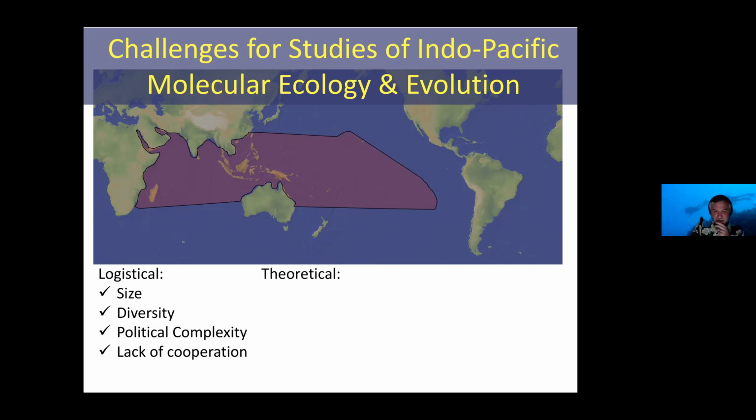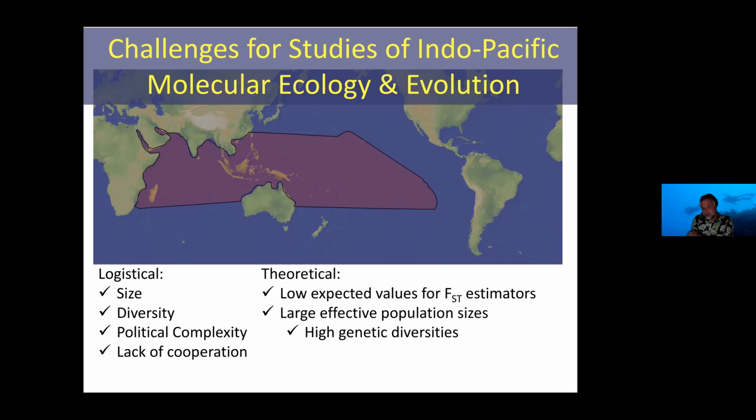But I hope I've given you a taste now for how we've addressed these low expected values for FST estimators using coalescent methods, how we've addressed the problem of large effective population sizes and high migration rates.